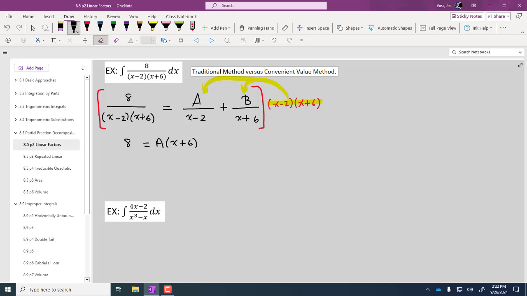When that expression gets distributed to the b fraction, the x plus 6 in the denominator will cancel with the x plus 6 in the numerator, leaving us with the b and the x minus 2. So we'll have plus b times x minus 2. Good?